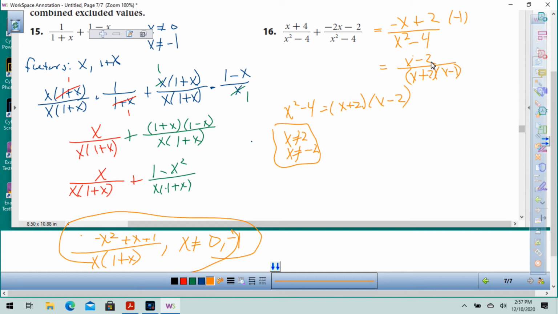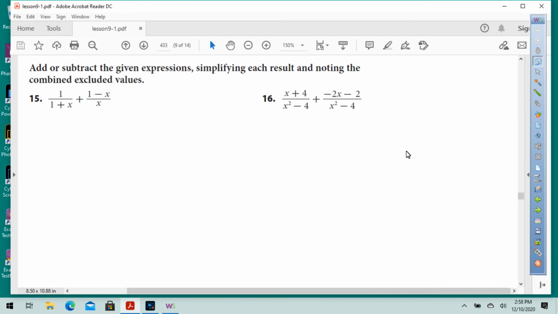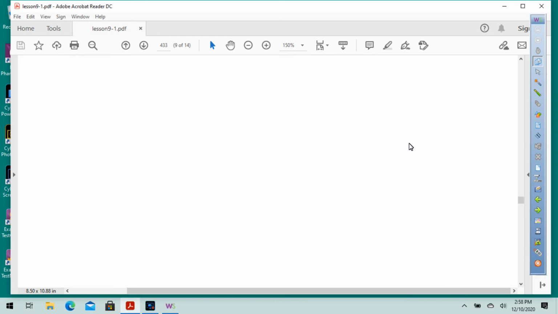Okay. So, and don't forget you had your negative 1 there. So these will cancel out, and you end up with negative 1 over x plus 2. And x cannot equal negative 2 or 2. Tricky, tricky.